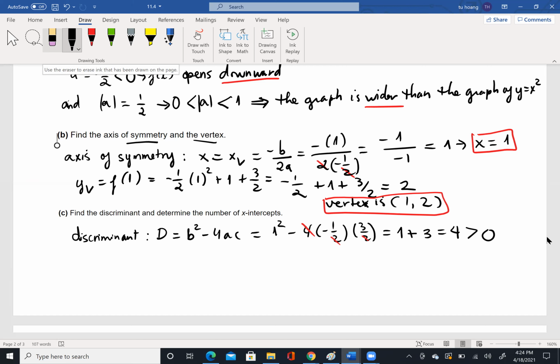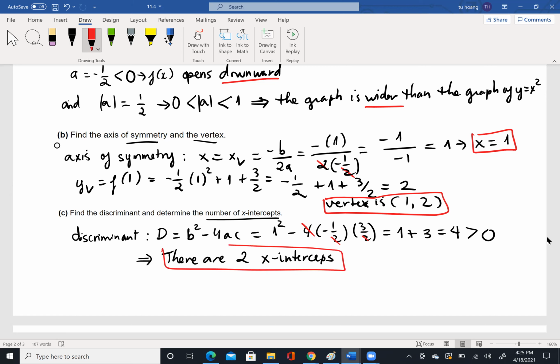But here we have a function, so we say there are 2 x-intercepts. And then I just circle the answer.